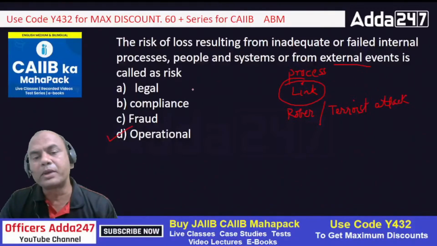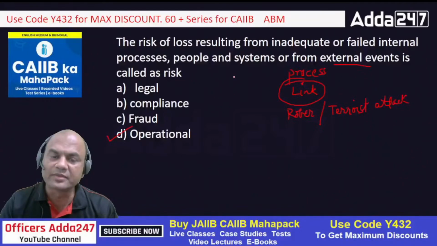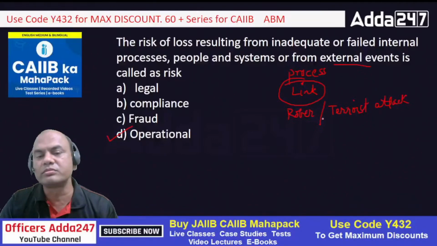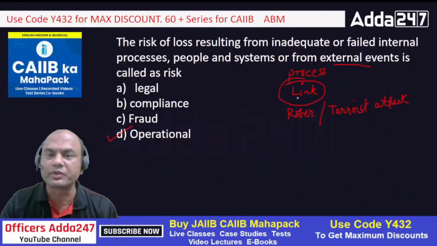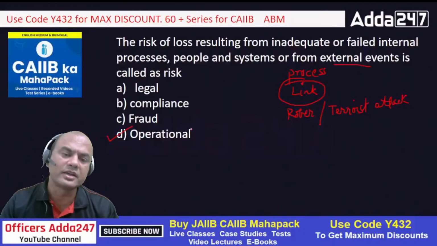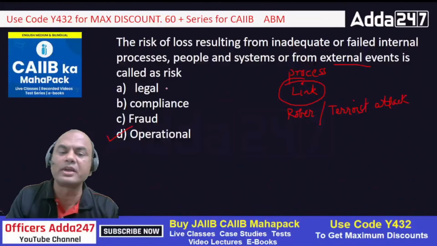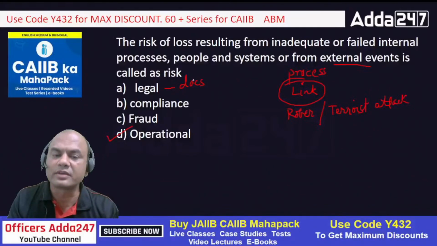Operational means anything related to process, then systems, your people, your locations or external events, whatever these happen, these are all related to operational risk. These are not legal. Legal means basically related to documentation. If my documentation is not perfect, that is legal. Okay. Compliance means I am not submitting the reports.